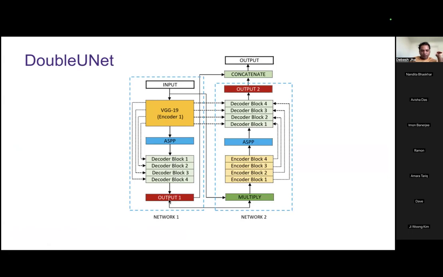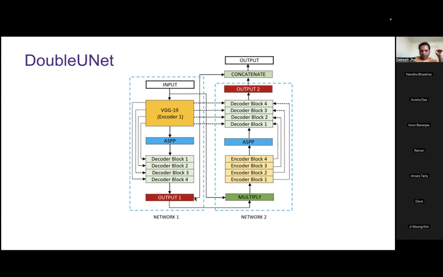Here what we do is we get this output, and again we take the input from here and multiply them so that we get a better input, and then again we pass it through the second network, which means a second encoder, and here SPP acts as a bridge between encoder and decoder, and we get output 2.